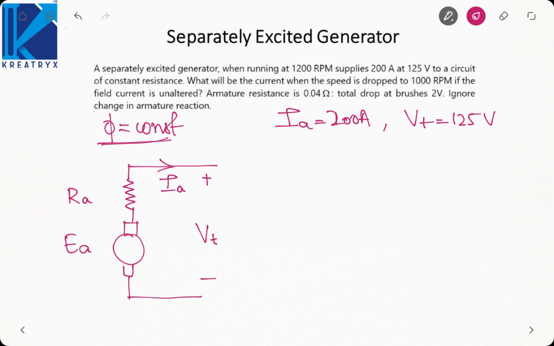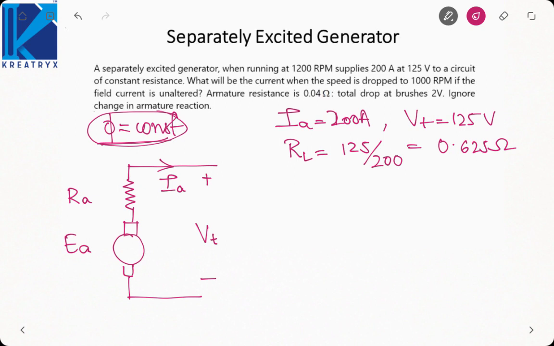And the load has a constant resistance, which means load resistance is voltage by current, which is 0.625 ohm. Now what will be the current when the speed is dropped to 1000 RPM if the field current is unaltered, that is, flux is constant? Armature resistance is given to us, brush drop is given.